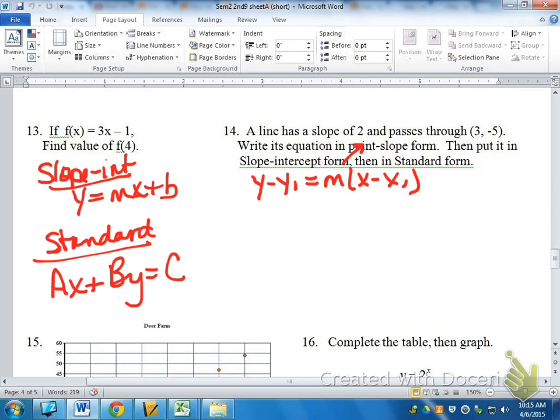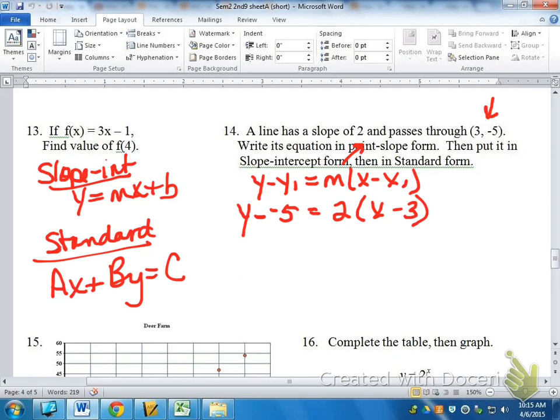So basically what we're doing here is you're interchanging between the three just to make sure that you can. So they've given us this point, 3, -5. That's my x1, y1. And then my slope is 2. So here's what we would write. Y minus -5 equals 2 times the quantity x minus 3.